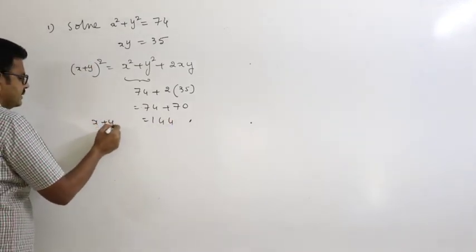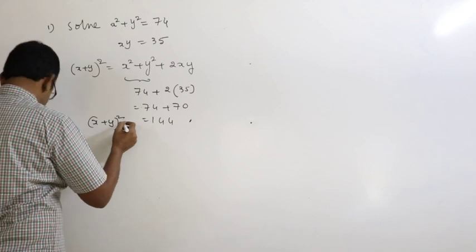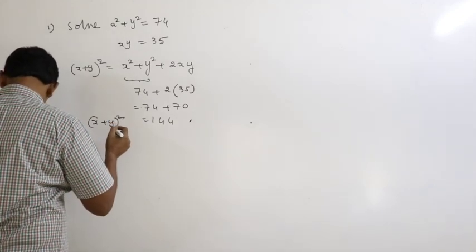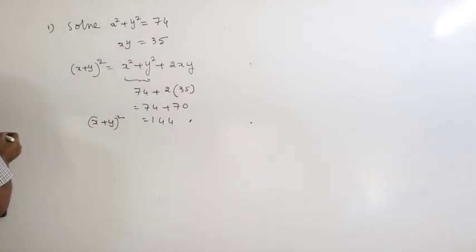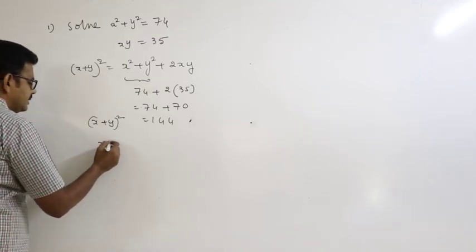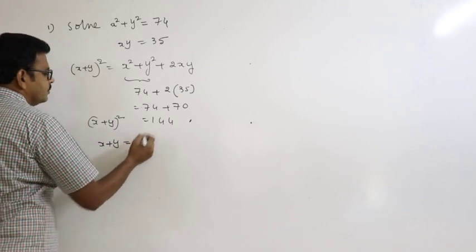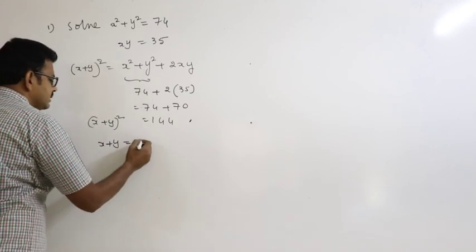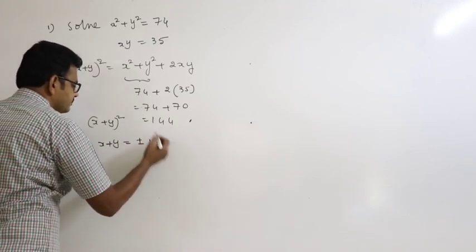This is x plus y whole square. So x plus y is equal to root of 144, that is plus or minus 12.